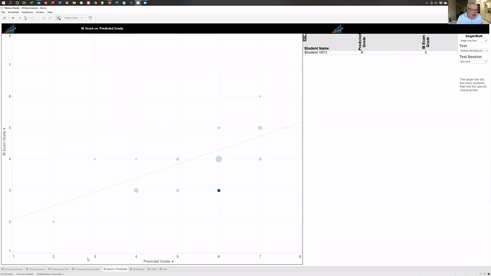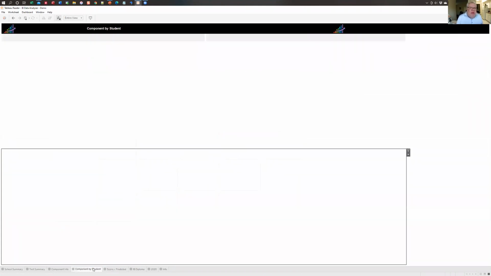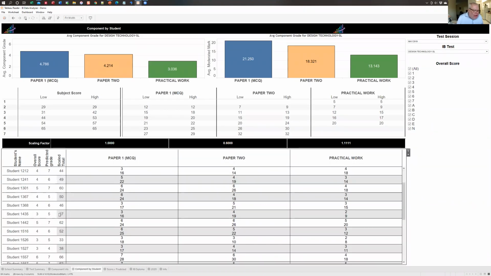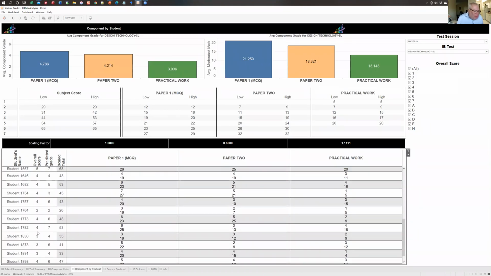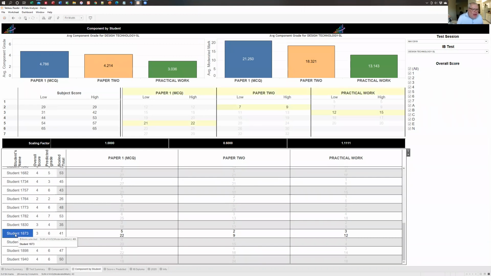And now what you can do, and this is, I think, important, because now you want to go and understand, how did a student who was predicted at a 6 earn a 3? So I'm going to go over here. There's student 1873. If you click on that student, what you're going to find is the component breakdown of how that student actually earned a score.